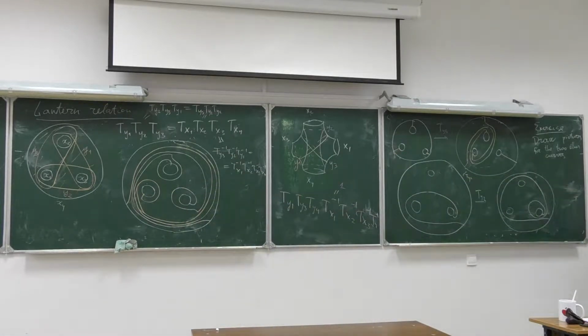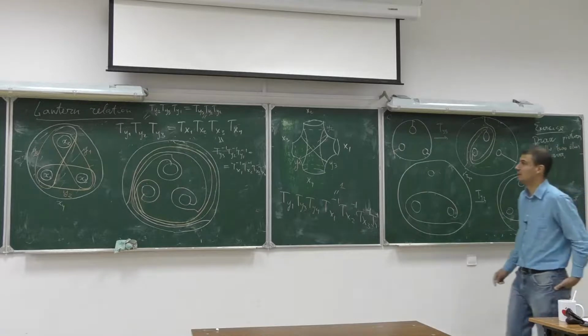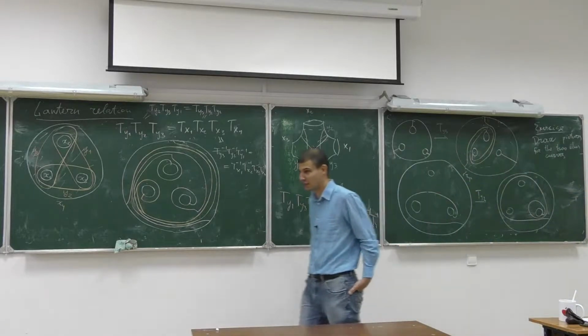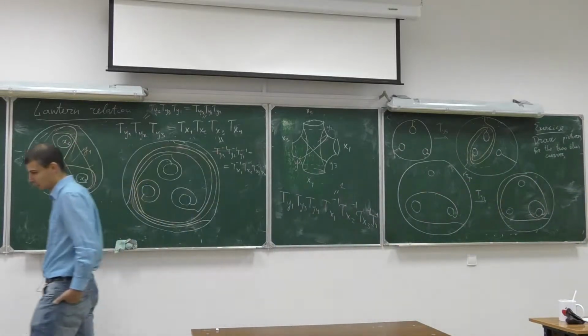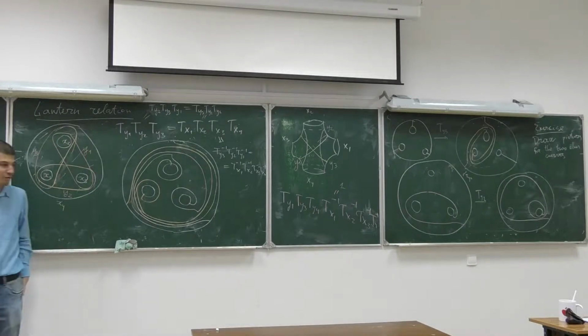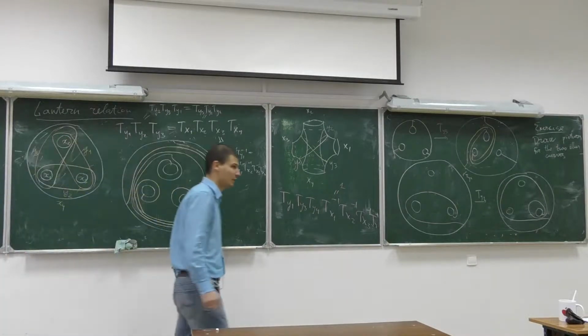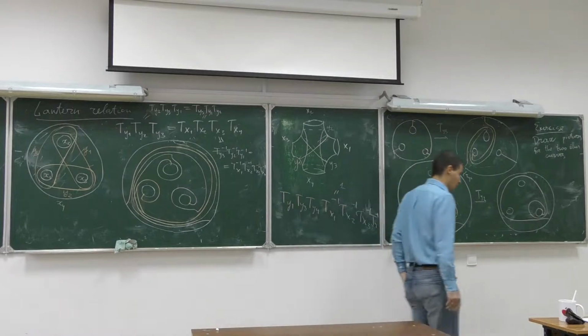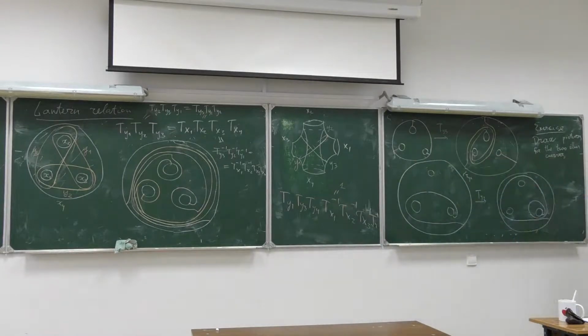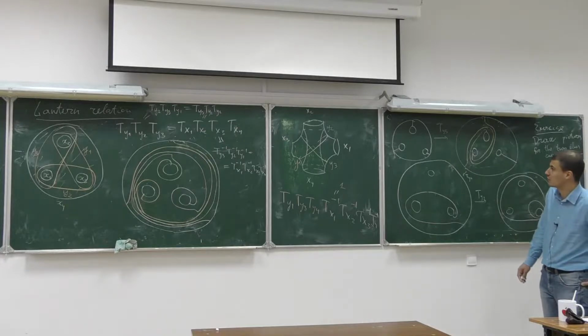And here this lantern relation actually allows us to prove that the abelianization of the mapping class group is trivial, starting from genus 3.